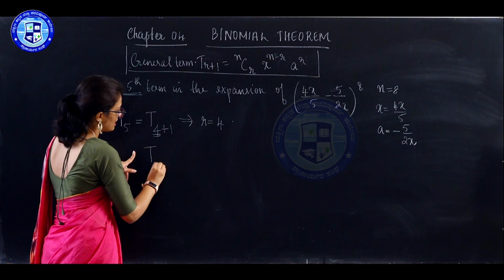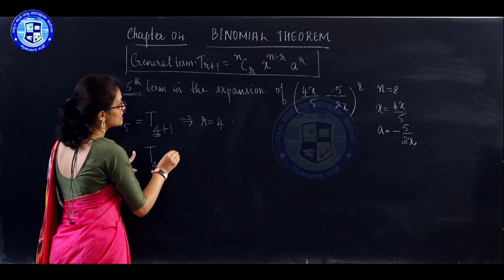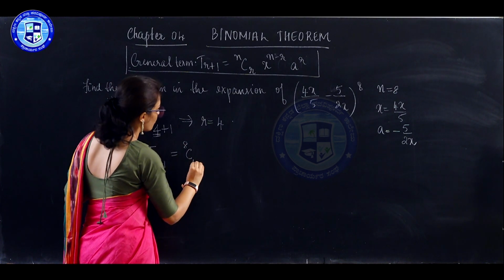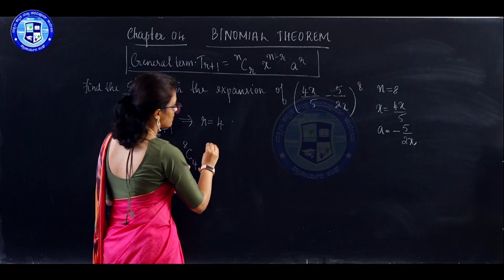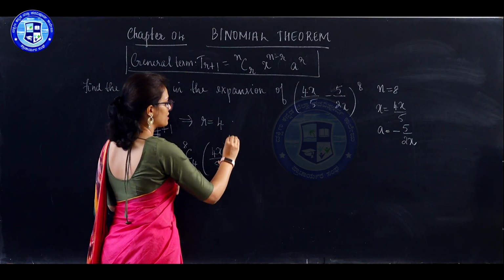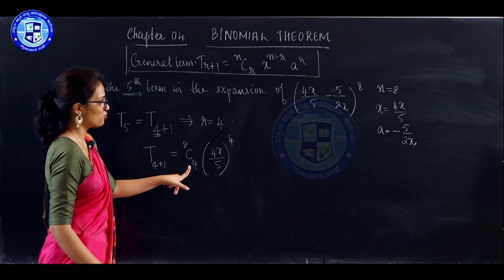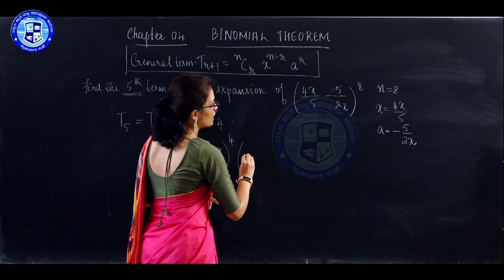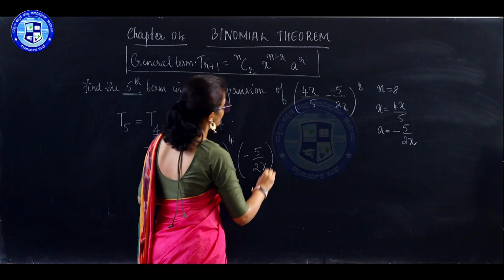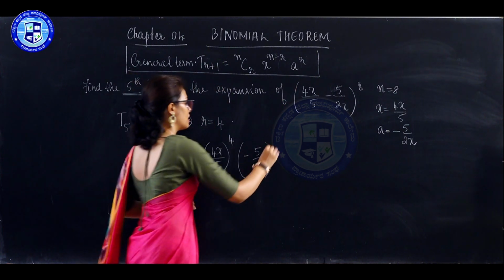So, this will be T(4+1) is equal to nCr x^(n−r) a^r. So, 8C4 (4x/5)^(8−4), that will be equal to 4, and into (−5/2x)^r. What is r here? r is 4.